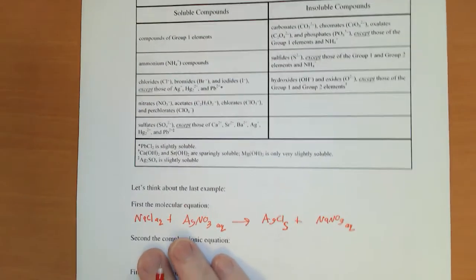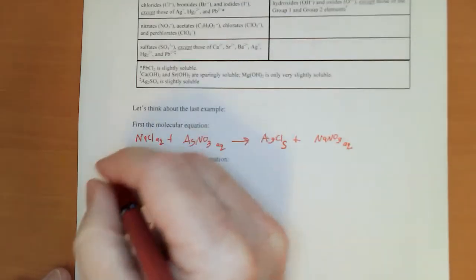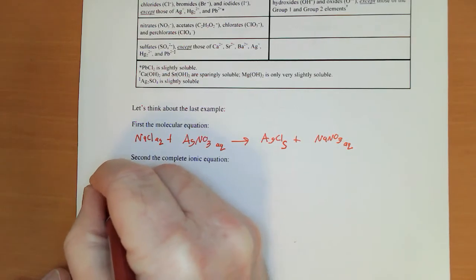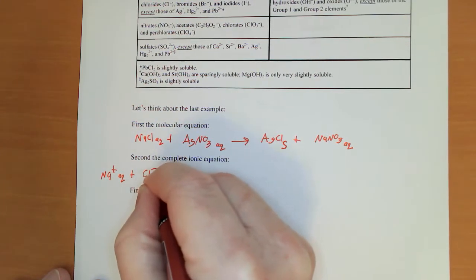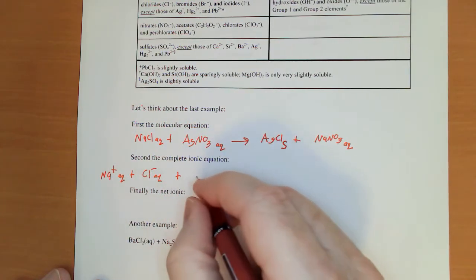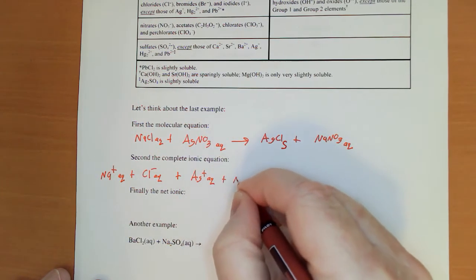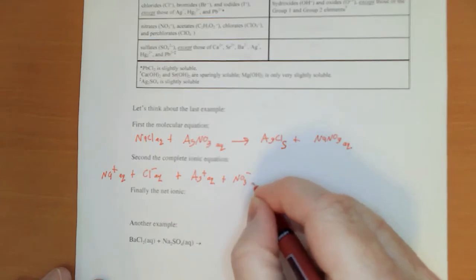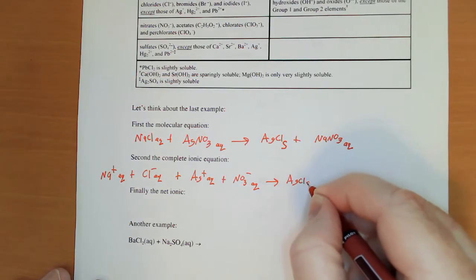That's what happens to the molecules. What about the ions? It turns out I don't actually have NaCl aqueous. What I have is Na plus aqueous plus Cl minus aqueous plus Ag plus aqueous plus NO3 minus aqueous to give me AgCl solid.